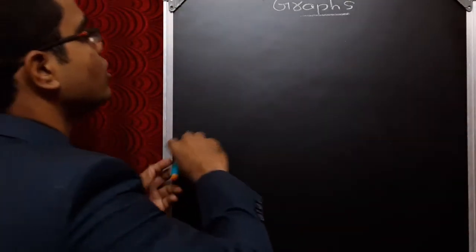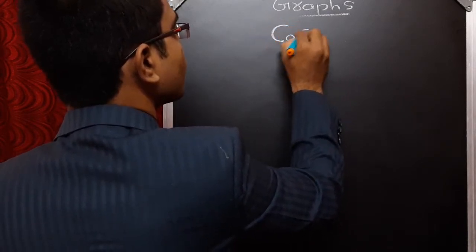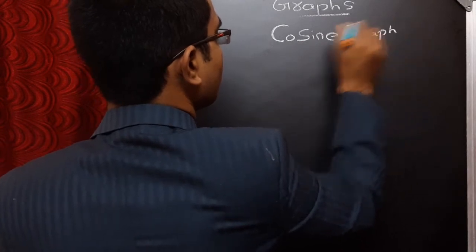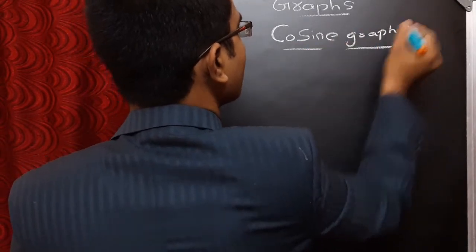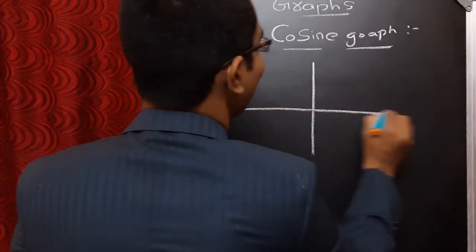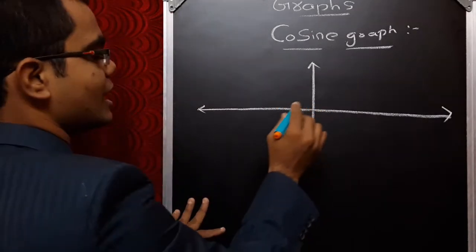Now let's go for the cos curve. The cos curve will lag a little behind the sine curve. The sine curve goes ahead, the cos curve lags a little.